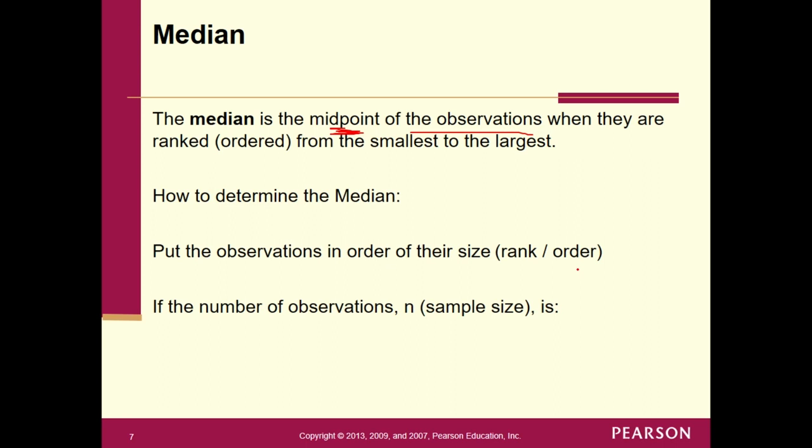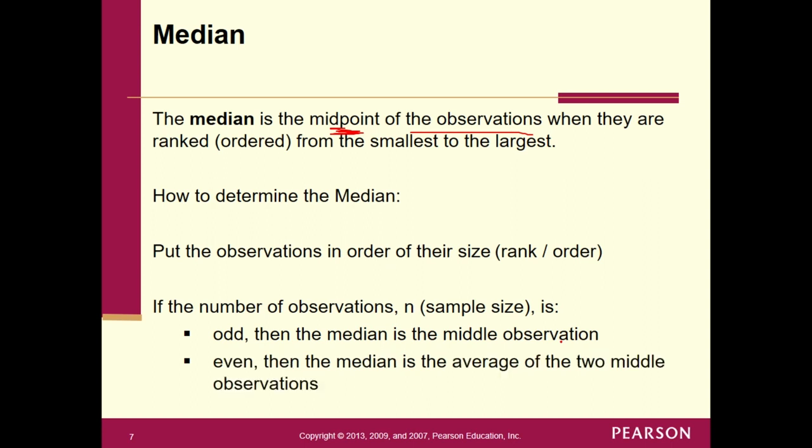Then, if the number of observations, n, which is called the sample size, is odd, then the median is the middle observation. That's an easy one. If n is odd, we just look for the middle observation, and there it is, that's the median. You even get a sound effect today.